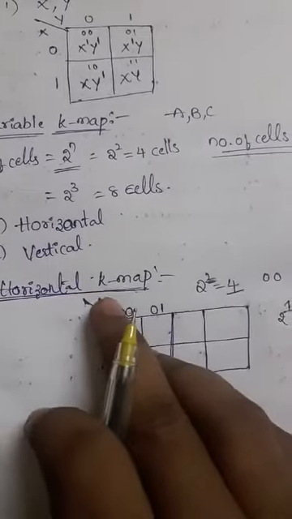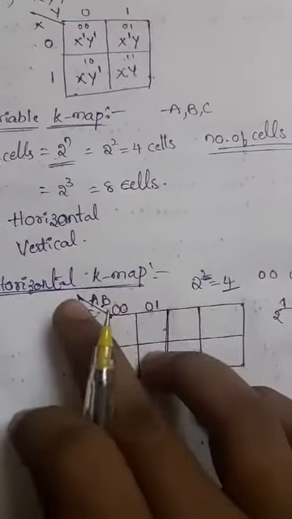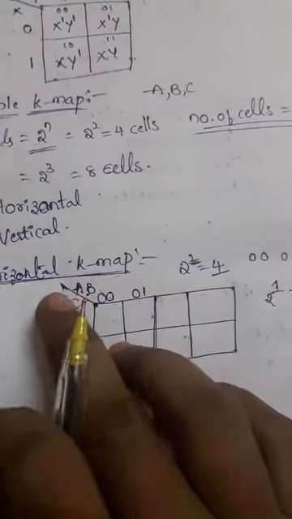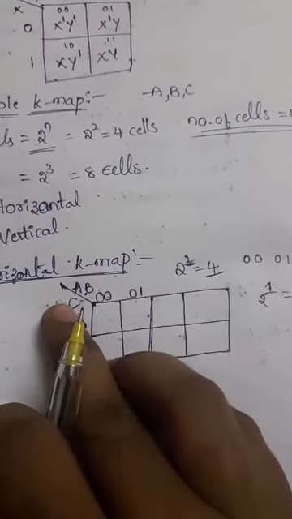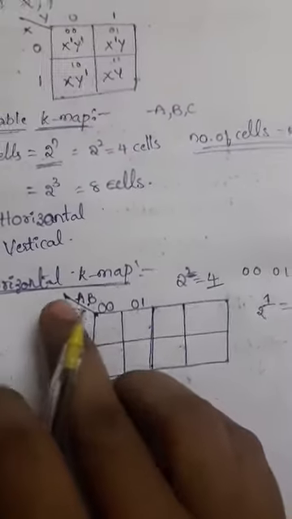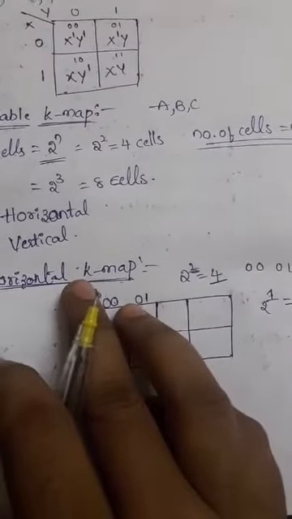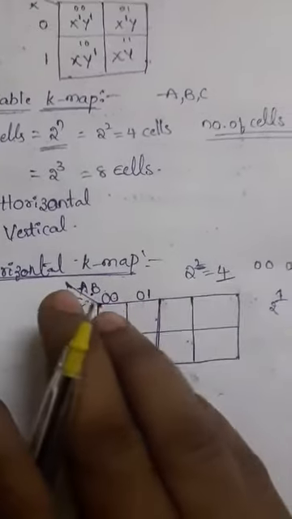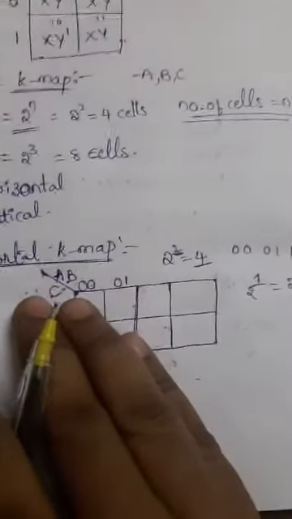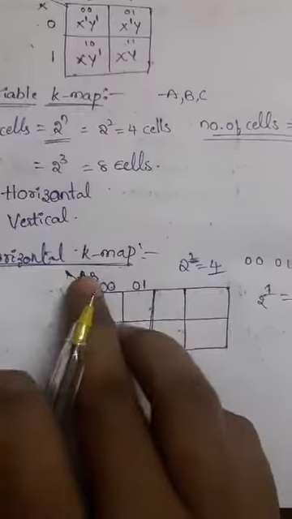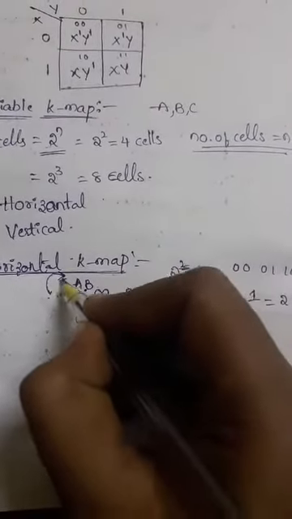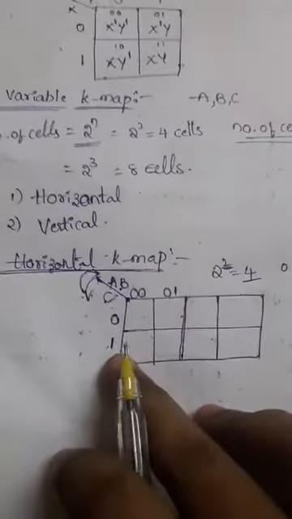If you take A here, only a single variable is considered in the horizontal K-map, so the remaining two variables you can consider here, that means BC. So no problem, the variables in this K-map can always be interchanged.